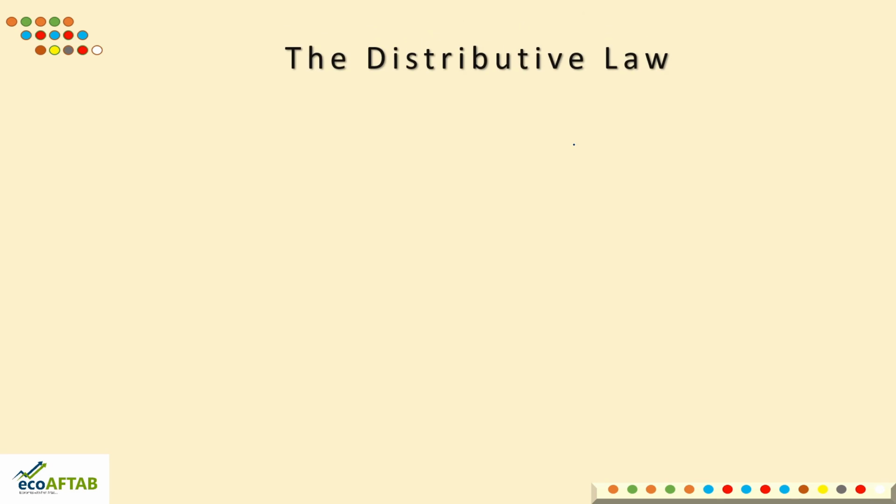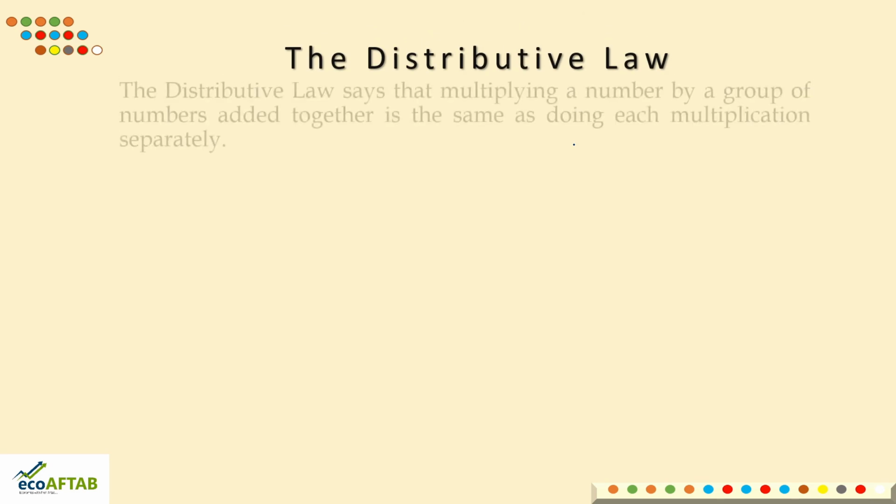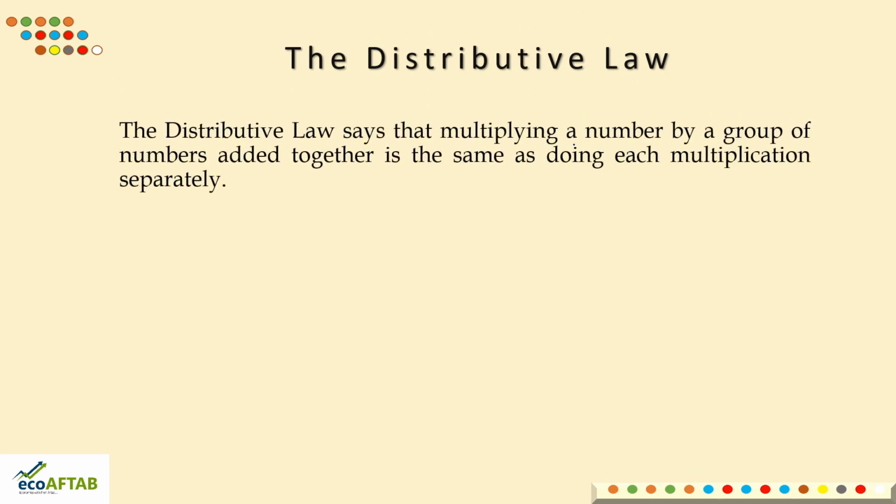Now coming to the last part, the distributive law. The distributive law says that multiplying a number by a group of numbers added together is the same as doing each multiplication separately. What does it mean? It's simple. We are distributing the property.